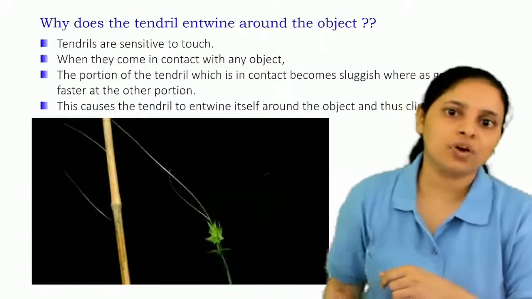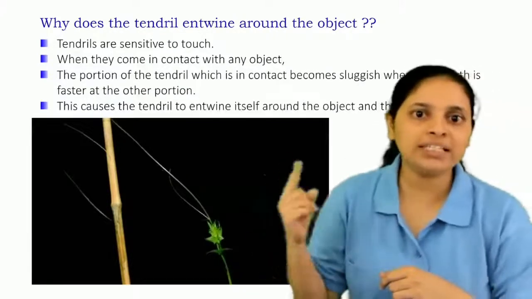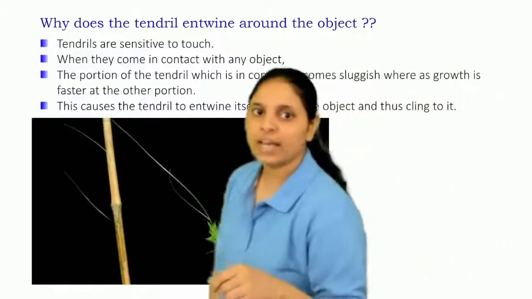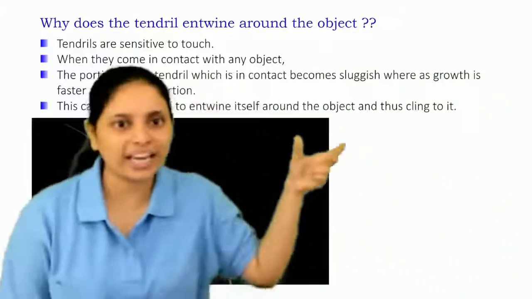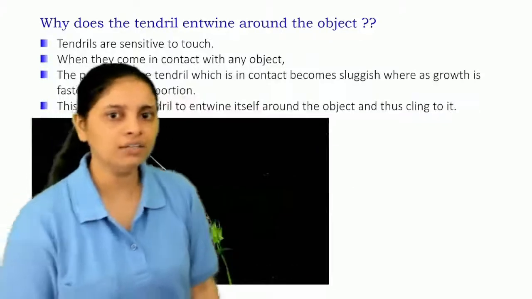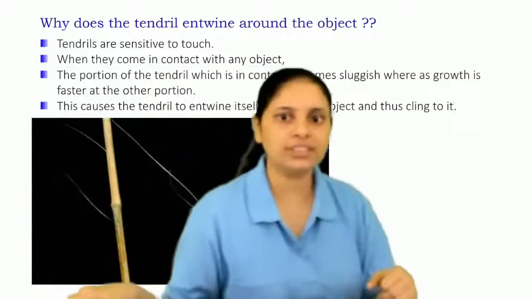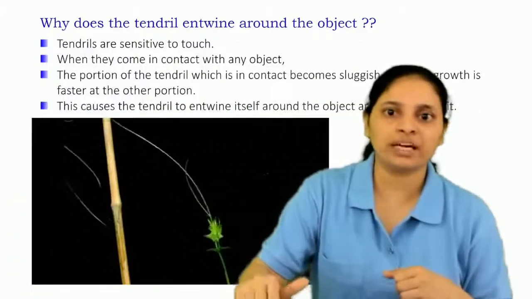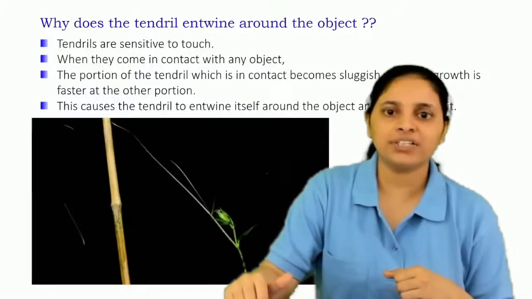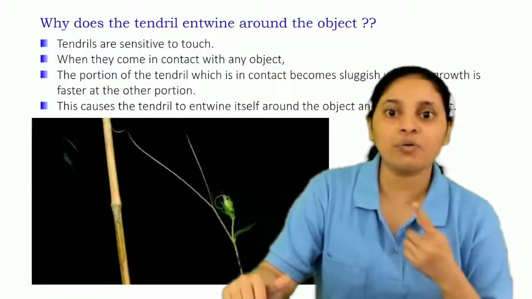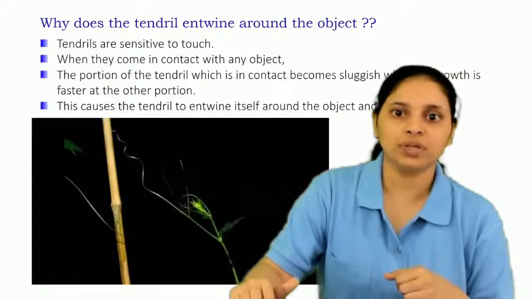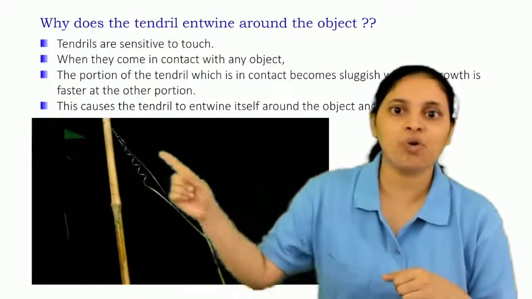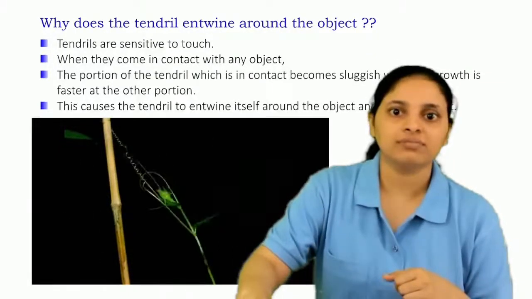Yes, so this causes the tendril to entwine itself around the object and thus cling, okay, gain support from the object. Is it clear? Now observe this diagram carefully. Can you see how the tendril is moving and curling around the support? Okay? ये देखो ऐसे ही फिर coiled structure बनता है.